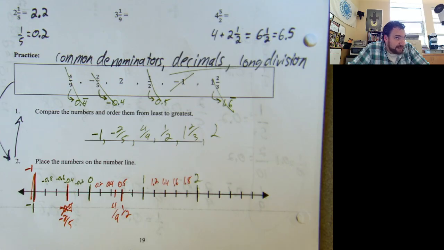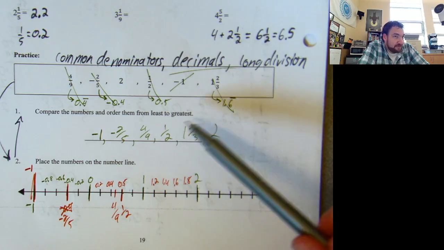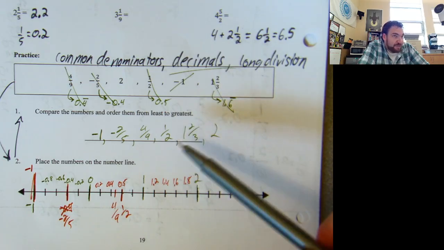Eve, you look like someone with an answer. Do you know? You look like someone who knows where 1 2/3 would be on that number line. 1 2/3. This value right here. If you'd like to phone a friend, William's got his hand up.